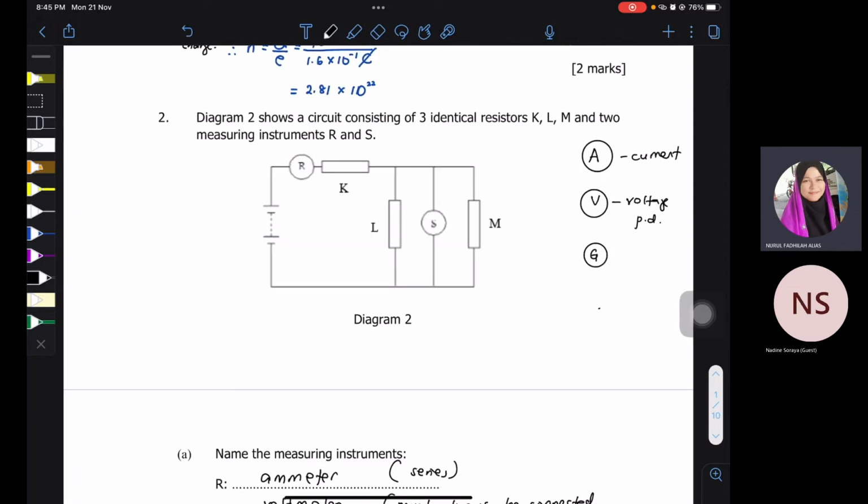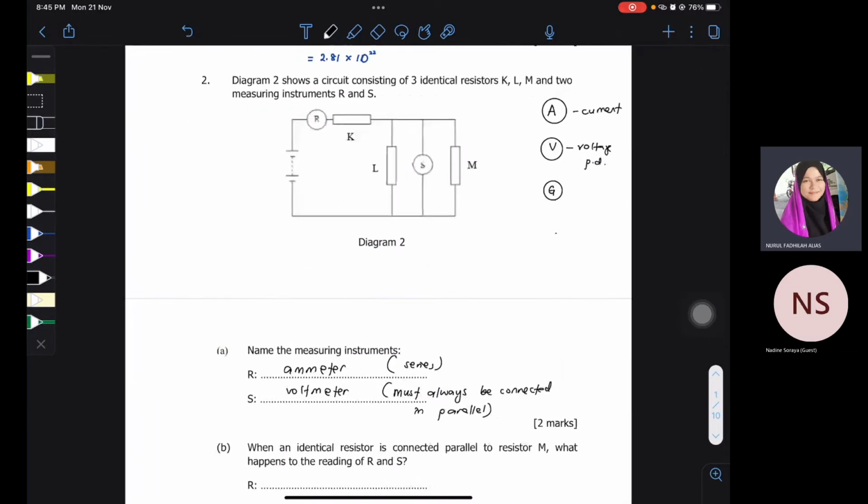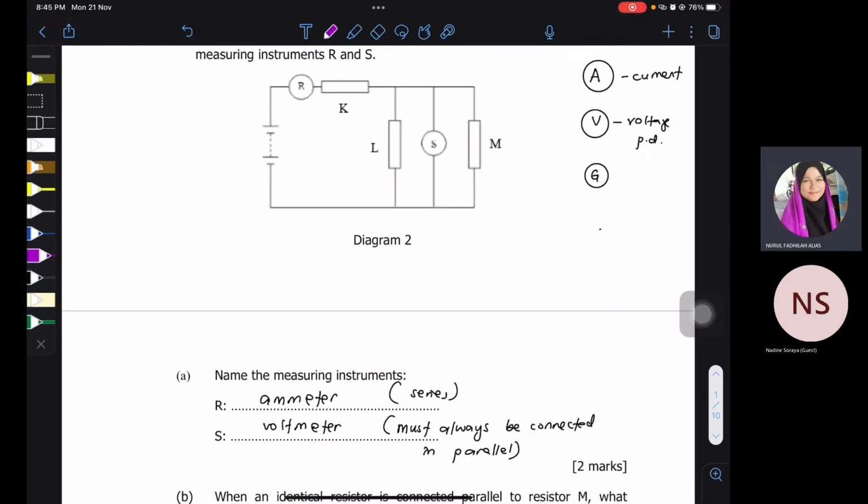Measure current. Jadi dia tanya, when an identical resistor connected parallel to resistor M, mana M? M dekat sini. Jadi, kalau kita letak another resistor here, dia tanya apa berlaku. So you kena recall tau.